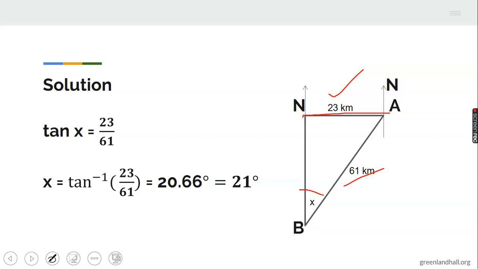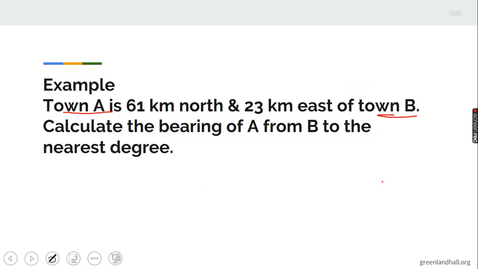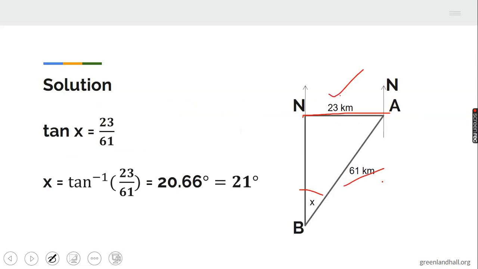So here, we discover that tan x is opposite over adjacent.